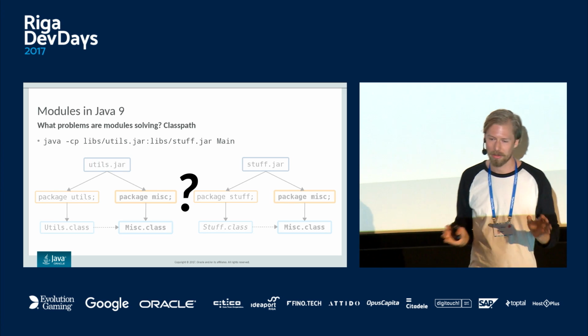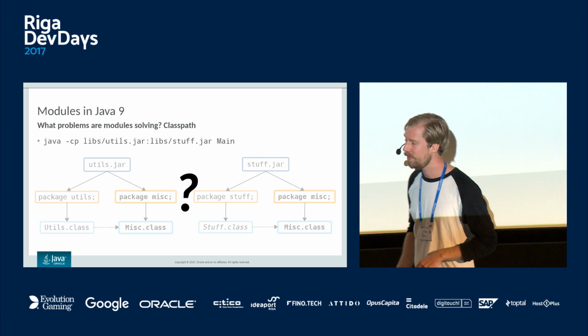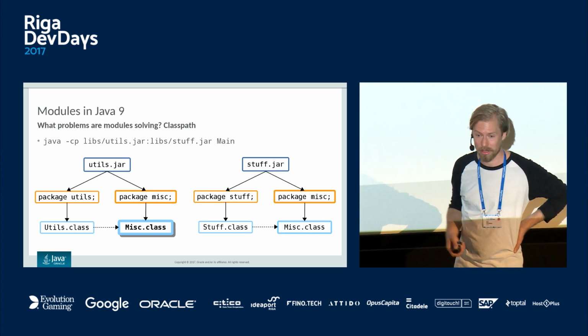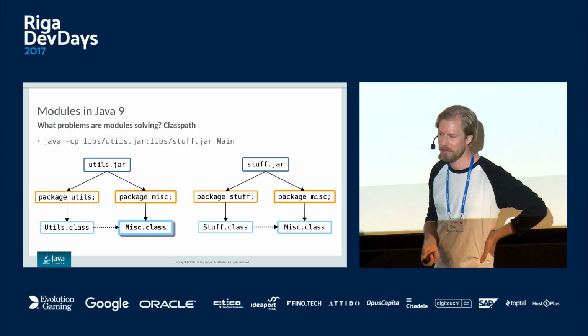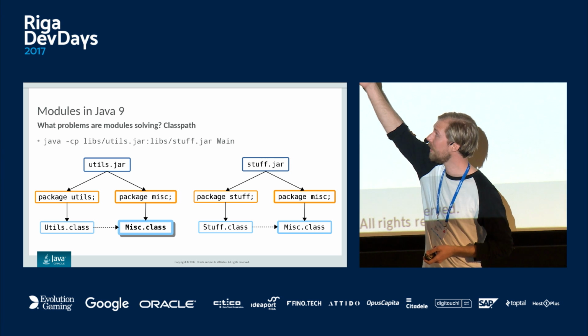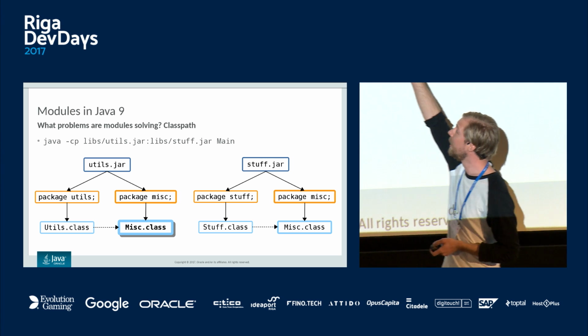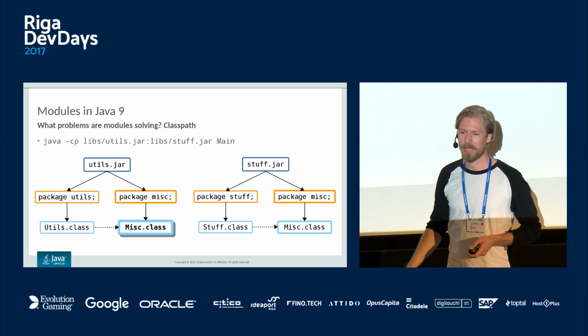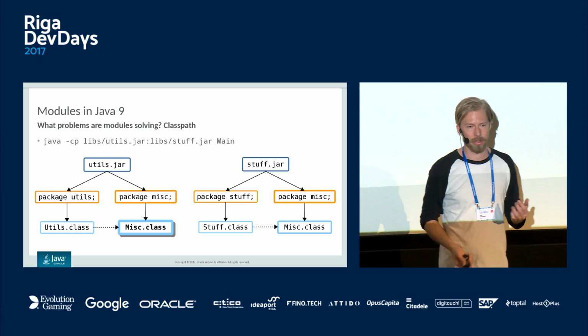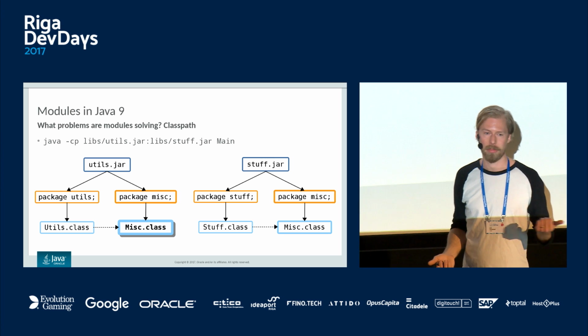Some of you might have encountered this scenario. It's not fun when you do, because what will end up happening is that the misc.class from utils.jar will get loaded. That was not our intention, but due to the class path, utils.jar comes before stuff.jar, the application class loader will read the class path in order and just load the first class with the correct name, and that name includes the package and the class name.